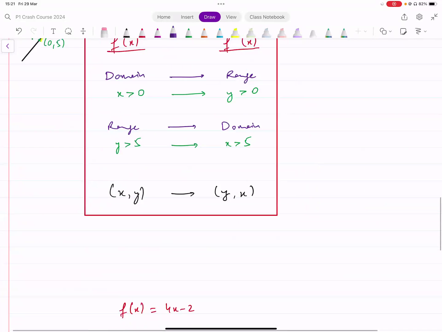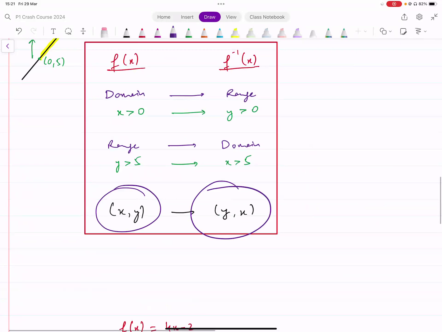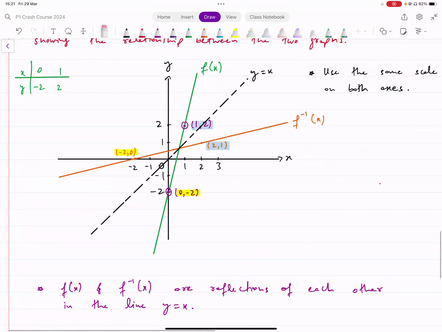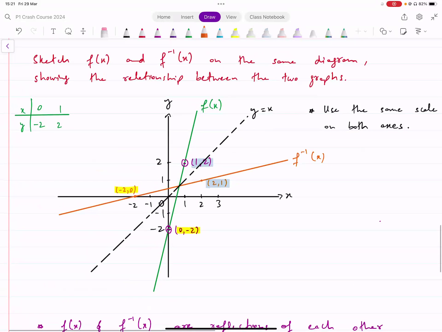The coordinates of f of x and f inverse of x interchange. That's exactly how we drew this f inverse graph in the last session as well. On f of x, we had 1, 12. We said on f inverse, it should be 12, 1. On f of x, we had 0, minus 2. On f inverse, we said it should be minus 2, 0. So you basically just interchange the coordinates. And then you can draw the graph.